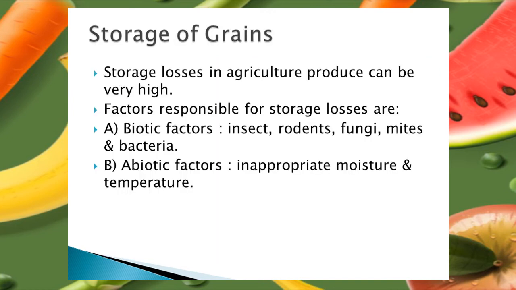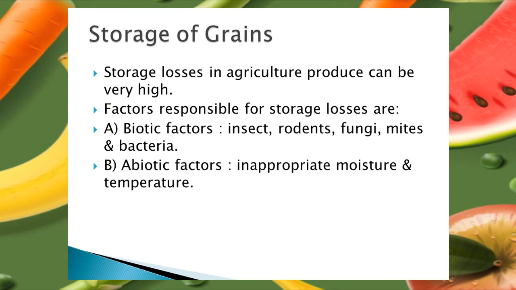Now a very important step in crop production is storage of grains, because storage of grains should be done properly. If the grains are not stored carefully in the proper way, then there will be storage losses. Storage losses in agriculture produce can be very high.